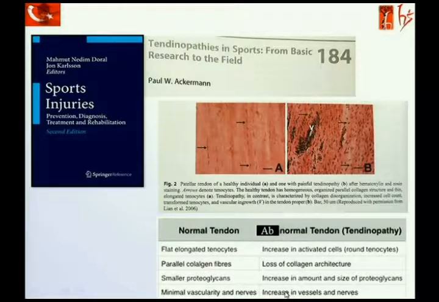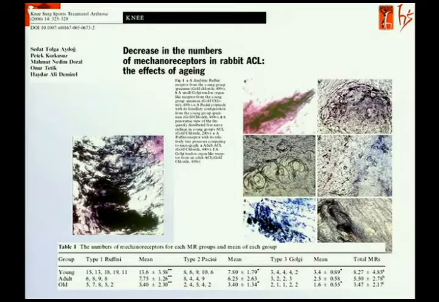As I told you, the vessels, the rete, include pericytes. Pericytes are very, very important. On the other side, in the ligaments, the mechanoreceptors are important. And in the tendons also, the mechanoreceptors are important.